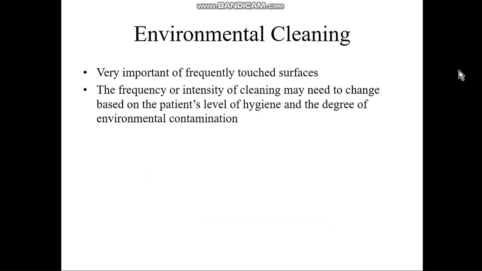Certain pathogens like rotavirus, norovirus, and Clostridium difficile may be resistant to some routinely used hospital disinfectants.